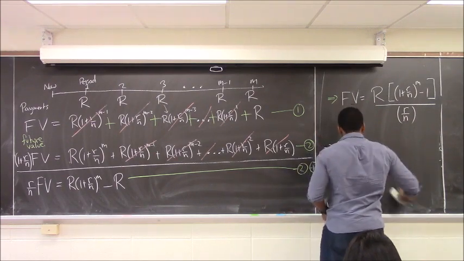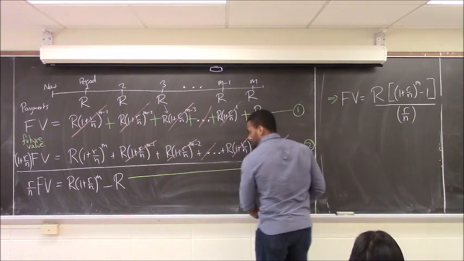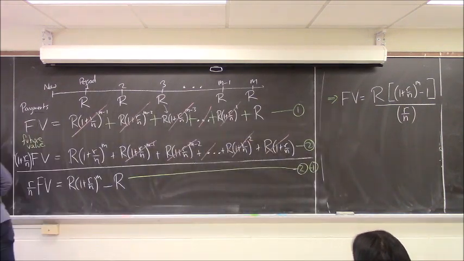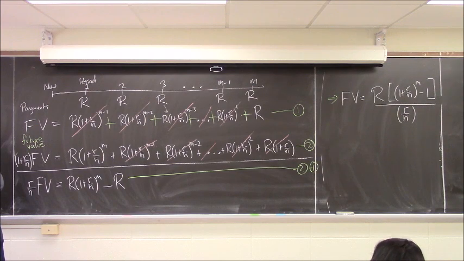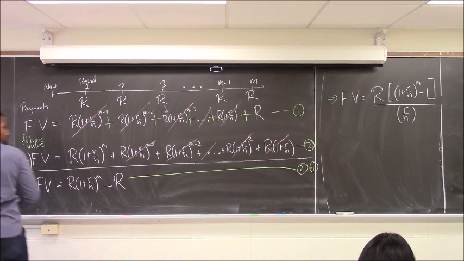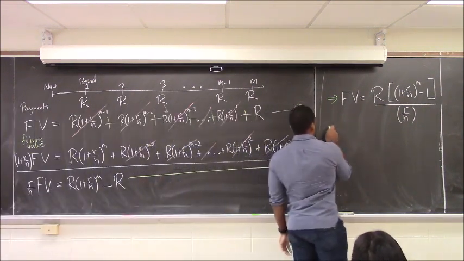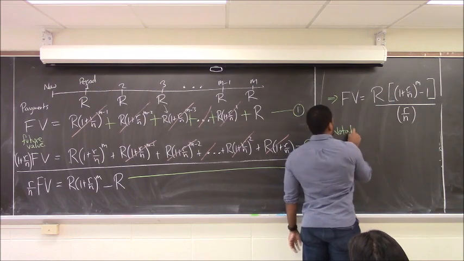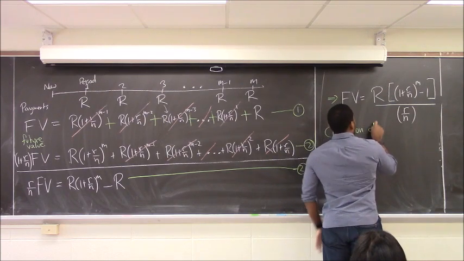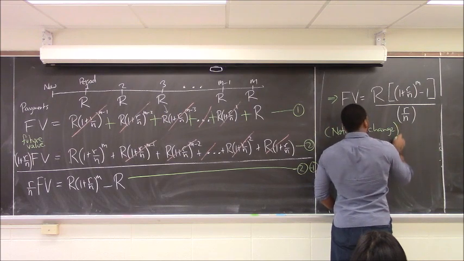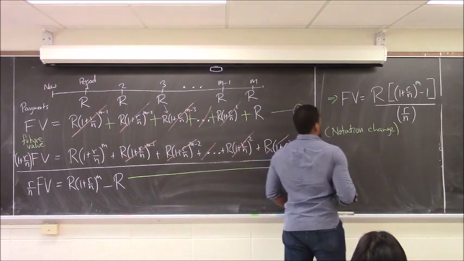So I'm going to do a notation change here, just to be aware that the formula is the same, I'm just changing the notation. I'm also going to change the notation for R, because it's typical.